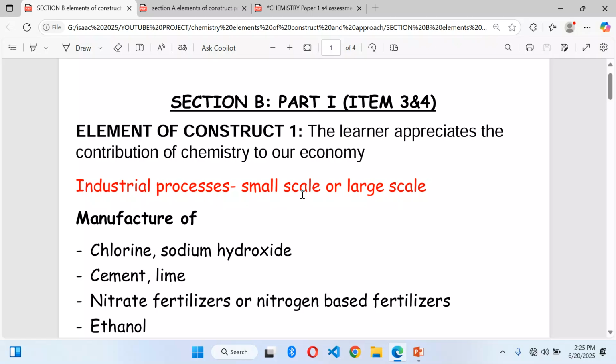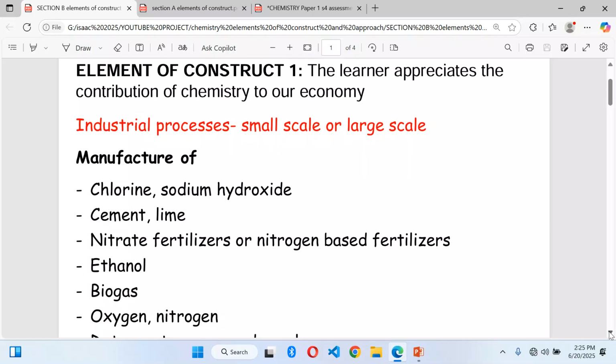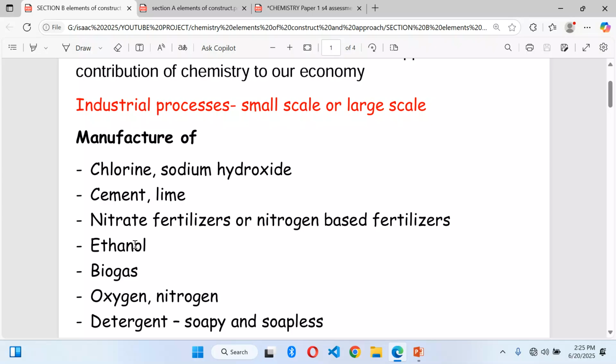Now, when you talk about industrial processes, some people have taken industrial processes as that topic of senior 4 only, where it is called industrial process. That topic has a lot of industrial processes, but there are those that we have covered in other subjects, in other topics. For example, we have ethanol. Ethanol, we don't cover it in industrial process in senior 4.